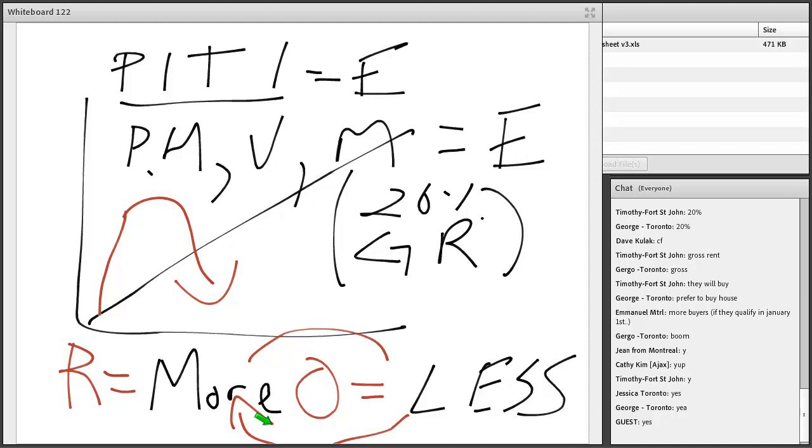Now let's talk about something that is obviously important to us. Emmanuel was talking about January 1st. What happens January 1st? What's happening now? It's actually happened.